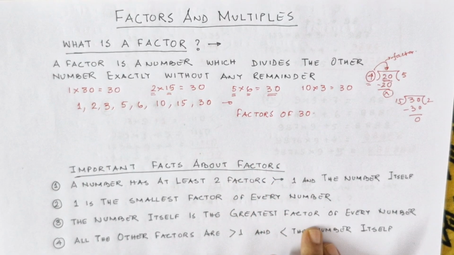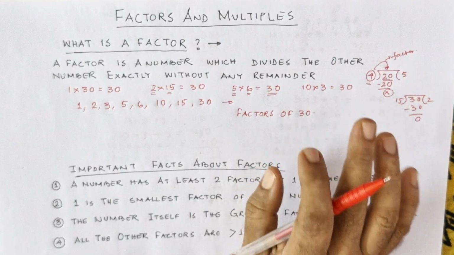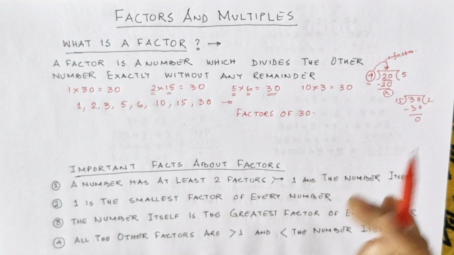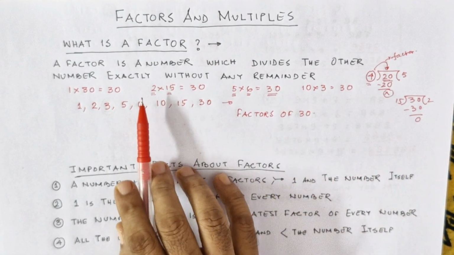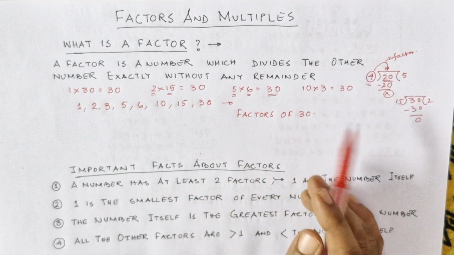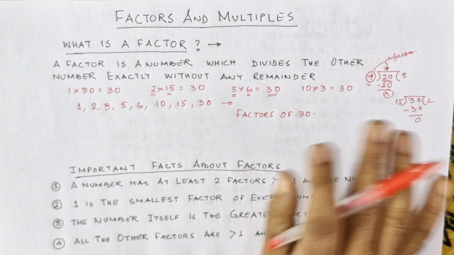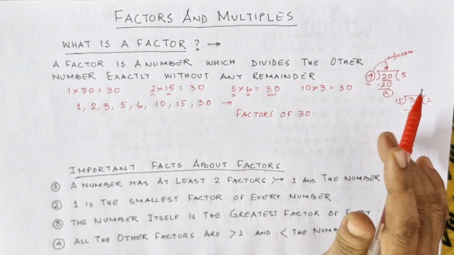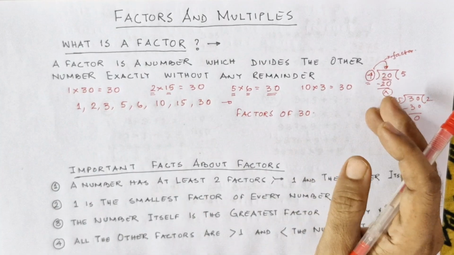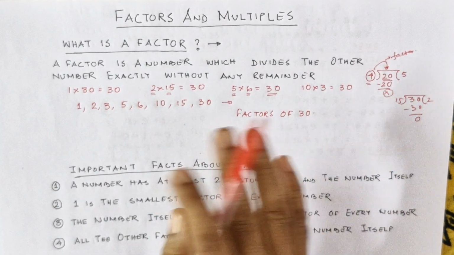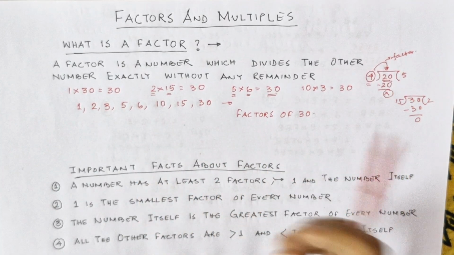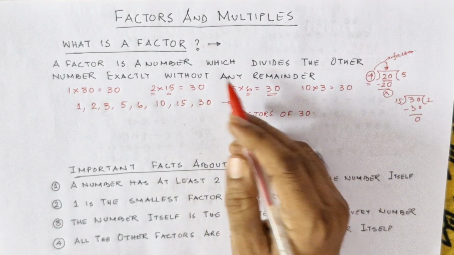Got it? So this is the initial or basic definition of a factor. I hope you have understood how the factors are worked out. There are many ways that we can get the factors of a number. In the later chapters, we'll study the details of how factors are extracted from a number.